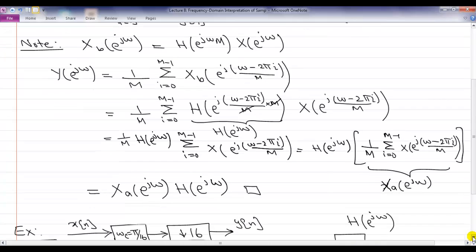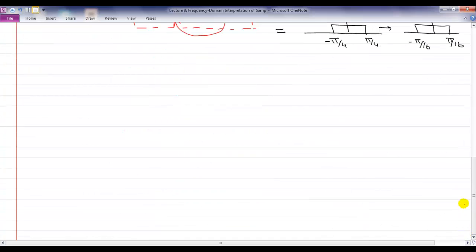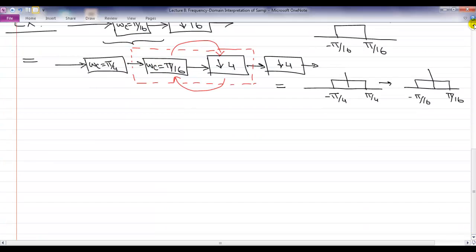So if I go back and I say I want to do that, I must make the new filter which comes here, I scale the frequency axis by a factor of 4, which means I get a filter with a cutoff of π/16 multiplied by 4, that is π/4. So by doing this interchange, I get the decimation by 4 first, and then the filter with a scaling, which means π/4, and the other components stay the same.